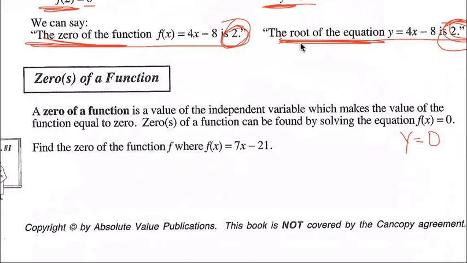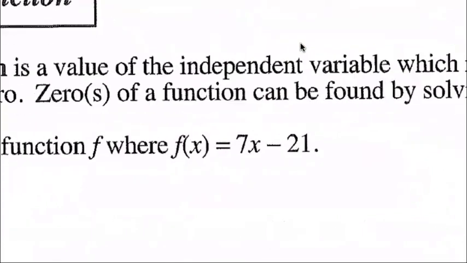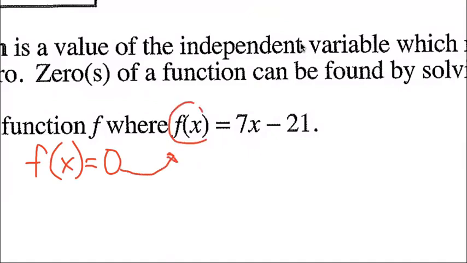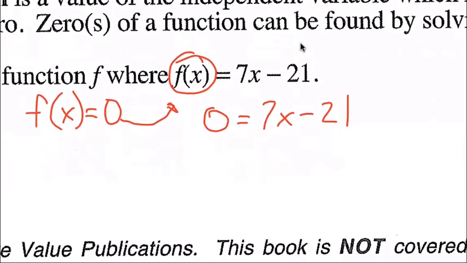Find the 0 of the function where f of x is equal to 7x minus 21. We simply say the 0 of the function is when f of x is equal to 0. So I'm going to substitute in 0 for this whole f of x. 0 is equal to 7x minus 21. And then I solve for x.